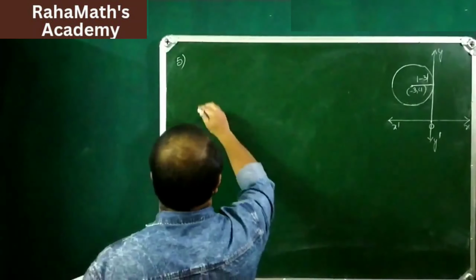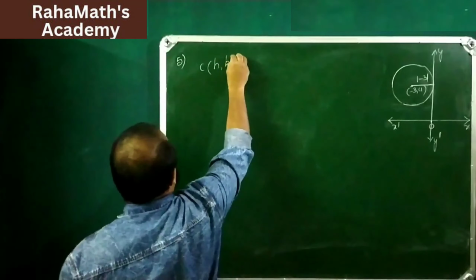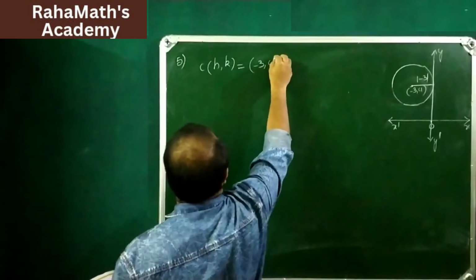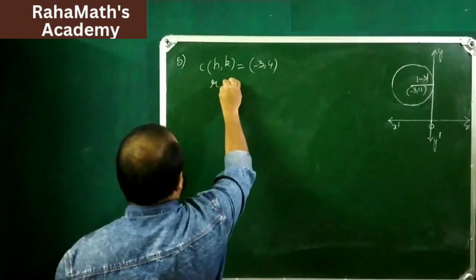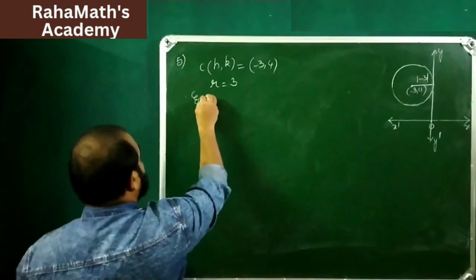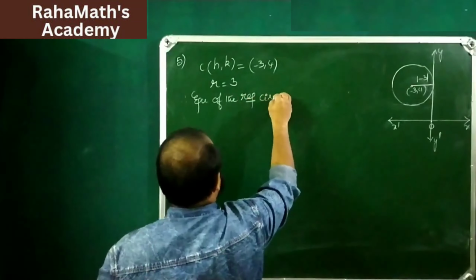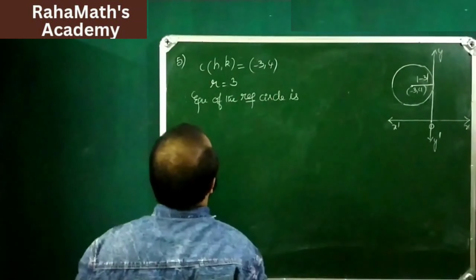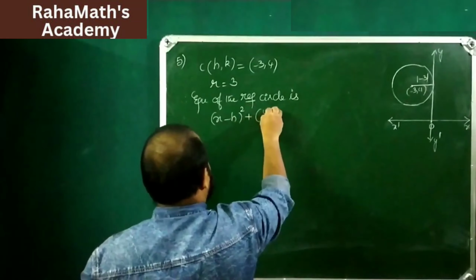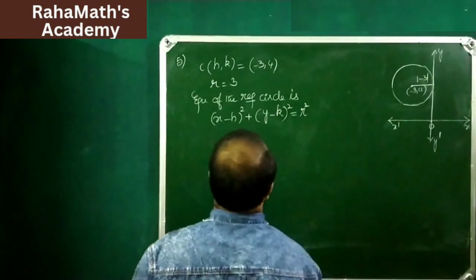So the center of the given circle is C (h, k) equal to (minus 3, 4) and radius r equals 3. So therefore the equation of the required circle is (x minus h) whole square plus (y minus k) whole square equals r square.